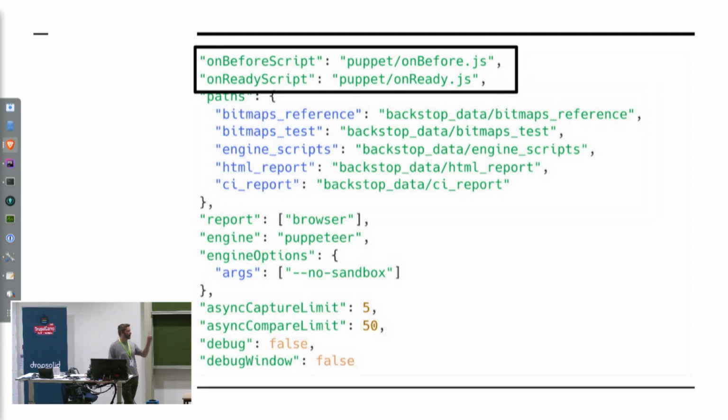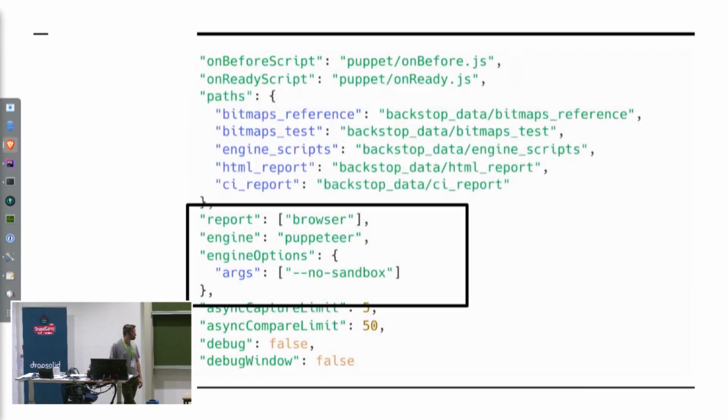These are default scripts provided by Backstop when you run Backstop init. They are found in the folder previously created. You can overwrite them. You can insert another script here if you like. Everything is possible.